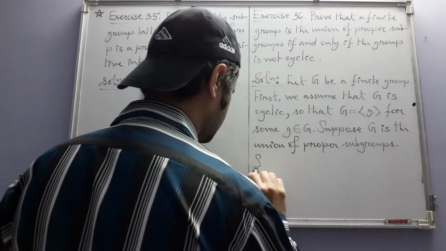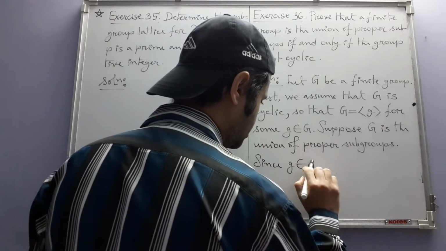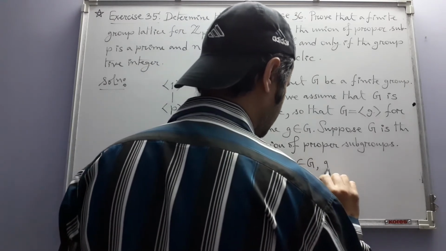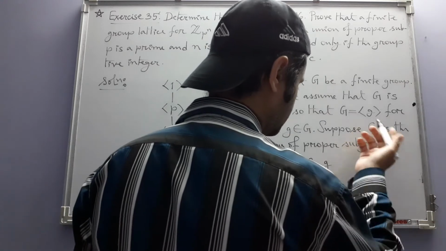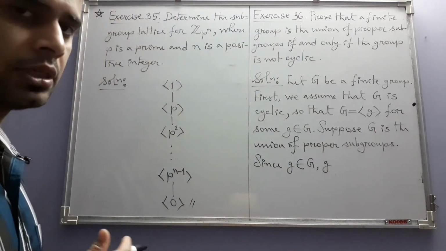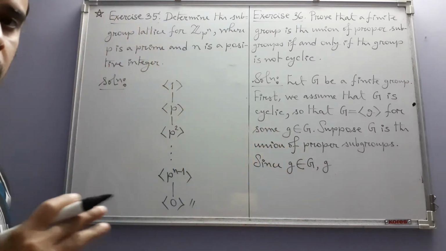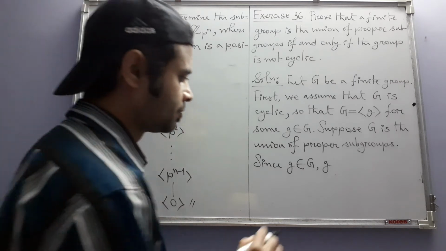Since small g belongs to G, small g being a generator of capital G, it itself will belong to G. So small g will belong to that union of some proper subgroups.